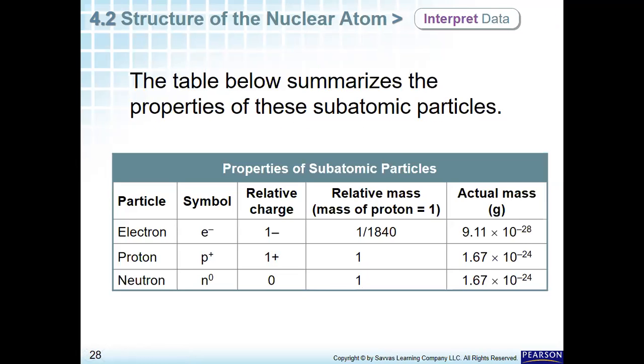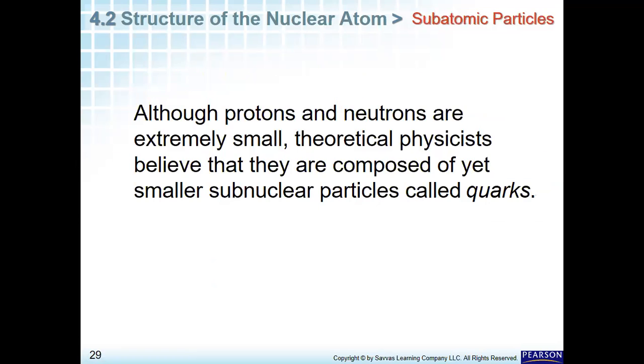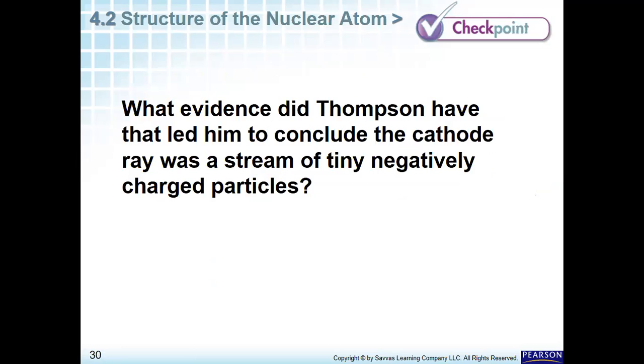The proton is 1.67 times 10 to the power -24, and the same for the neutron. Although protons and neutrons are extremely small, theoretical physicists believe they are composed of even smaller subnuclear particles called quarks, which are very, very tiny.